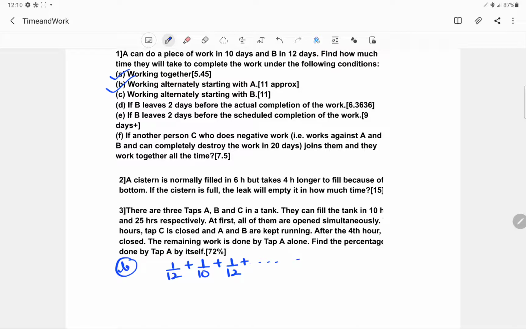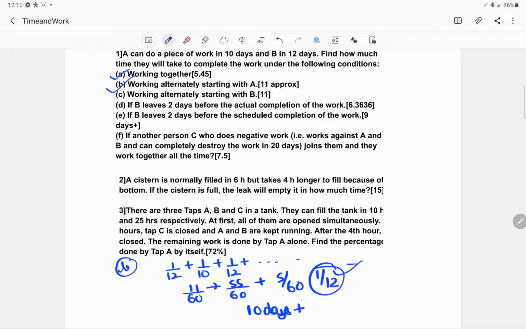So we know that for the first 2 days they will end up working 11 by 60. So for the next 5 sets of 2 days they will be able to complete 55 by 60. So 10 days it will obviously take, plus on the 11th day 5 by 60, that is 1 by 12 work has to be done.